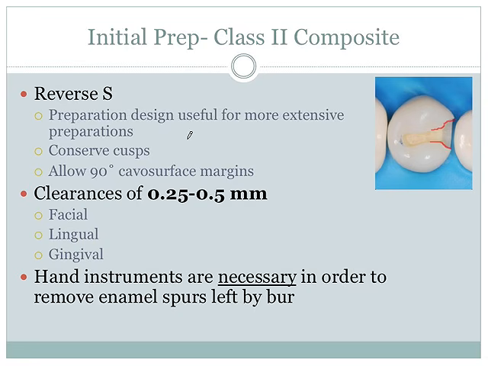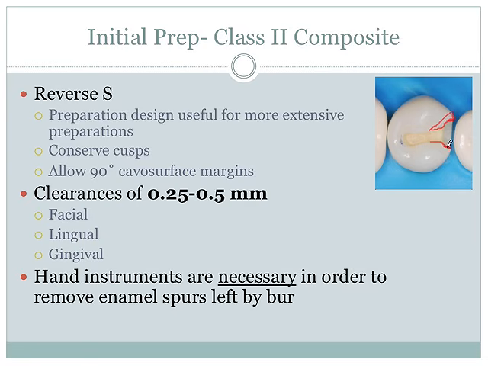And that's a great preparation design, useful for extensive preparations like these because it conserves the cusp, instead of going something like this where we're cutting through some and removing just excess tooth material that we don't have to. And it allows us to have a 90-degree cavo surface margin. We can see right here between the cavity wall here and the external surface of the tooth here.